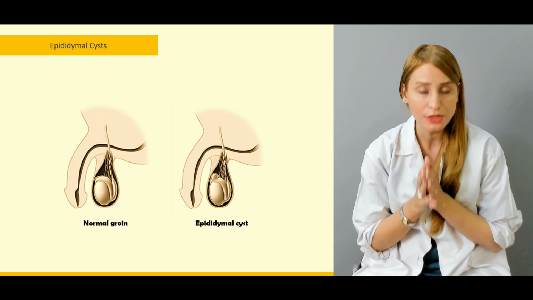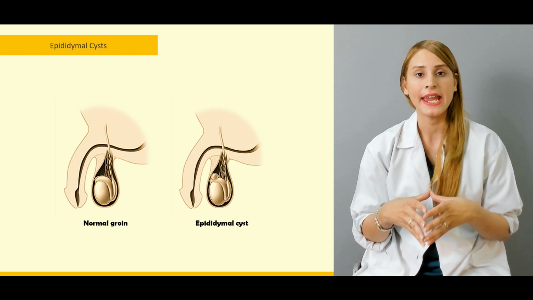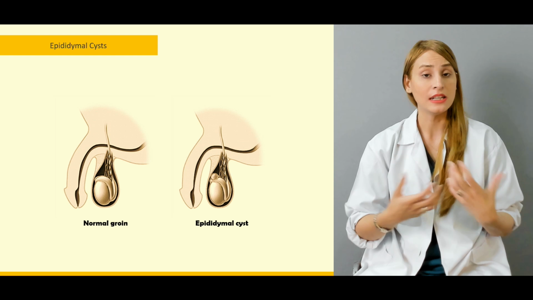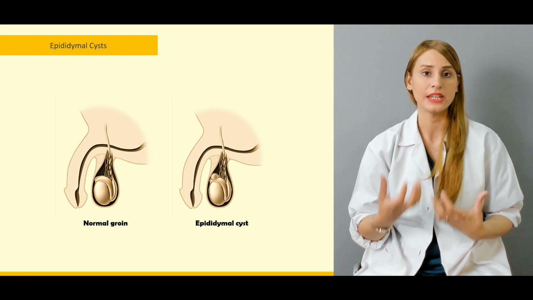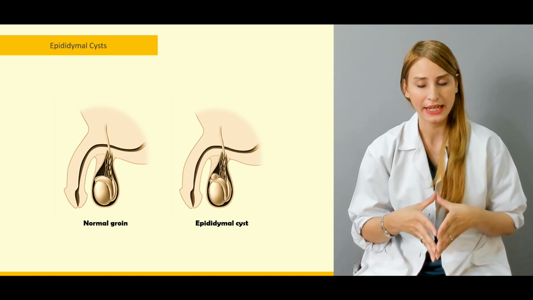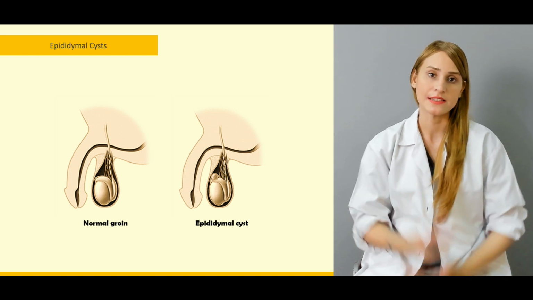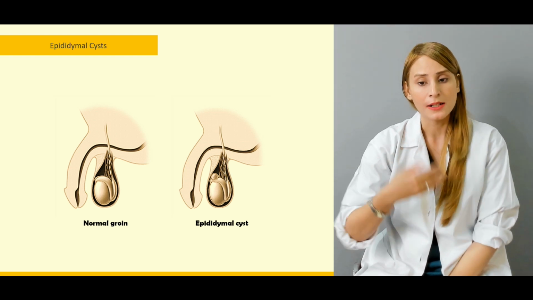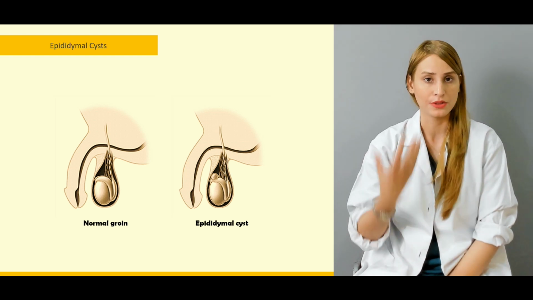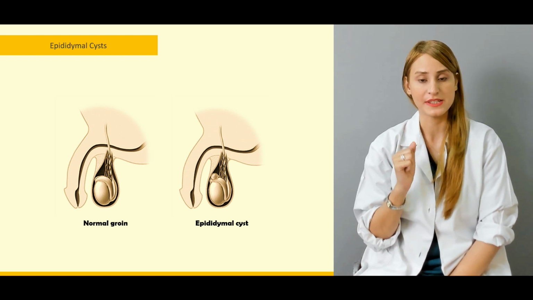What do you do in case of an epididymal cyst when the patient is asymptomatic? These cysts can enlarge in size, and they can also cause persistent dull testicular pain. So if there is persistent chronic testicular pain, you have to excise these cysts, and simple excision is the treatment of choice.